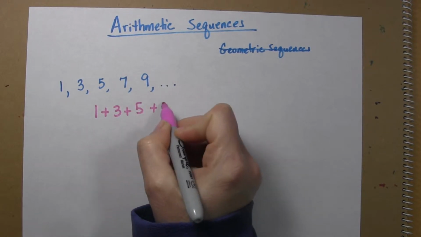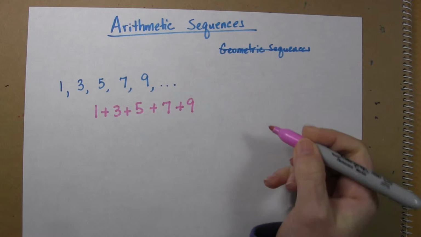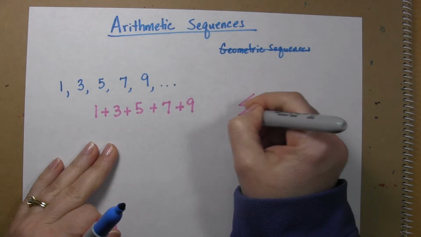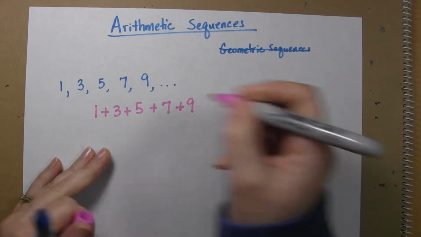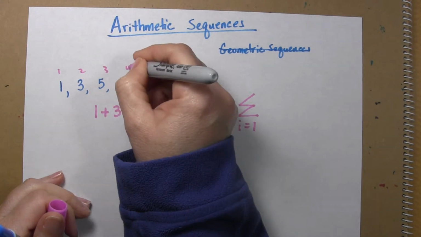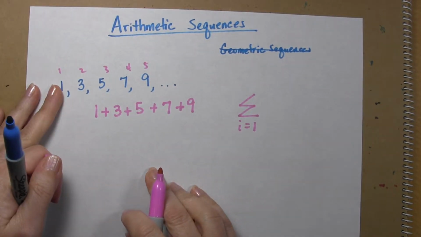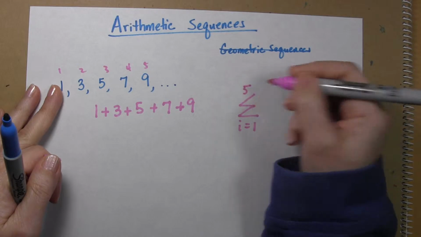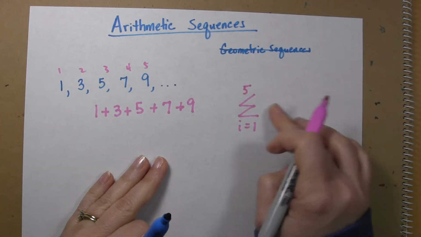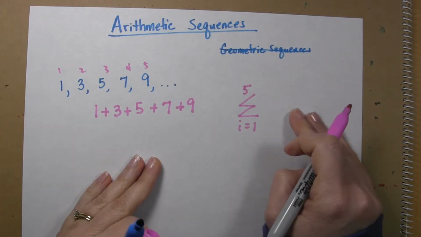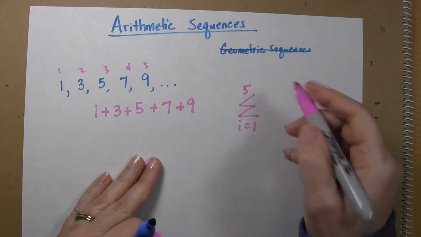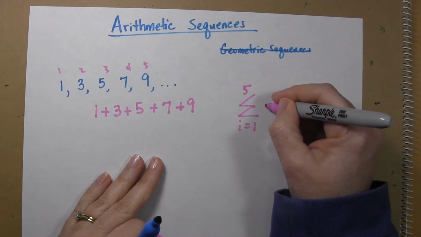If we wanted to add these together, like 1 plus 3 plus 5 plus 7 plus 9, then we would use our summation notation, where i equals 1, 2, 3, 4, 5. i starts with 1 and goes to 5, and then we would have our equation here that helps us figure things out. And it's not as easy as you might think.